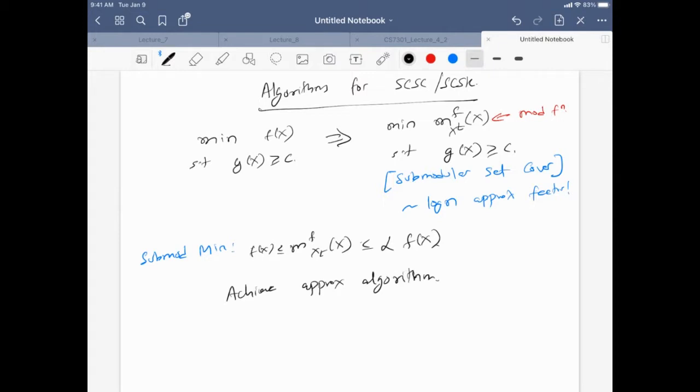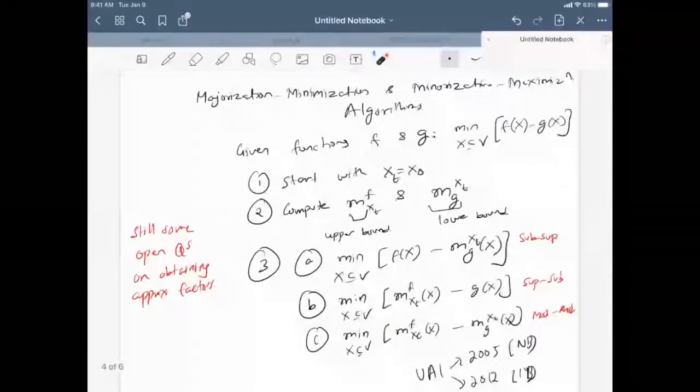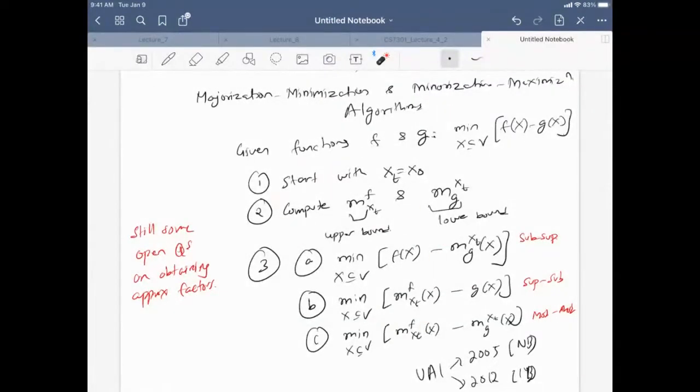I'm not going into a lot of detail because I don't want to make things very complex, but the basic intuition is the same, and we are going to do this iteratively. One thing I didn't mention over here is that we pick the set X, and then we majorize and minimize.